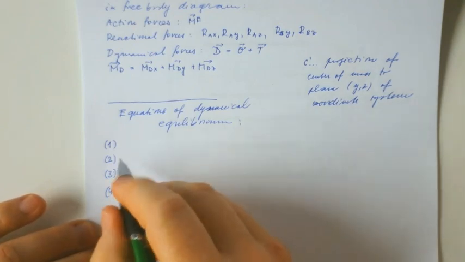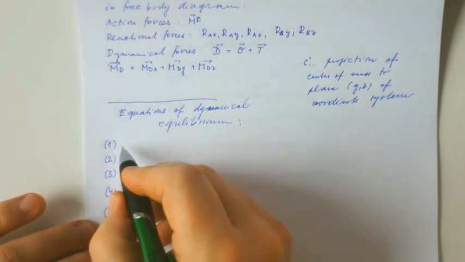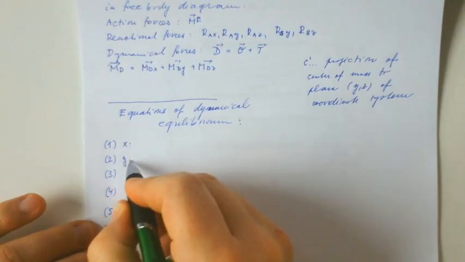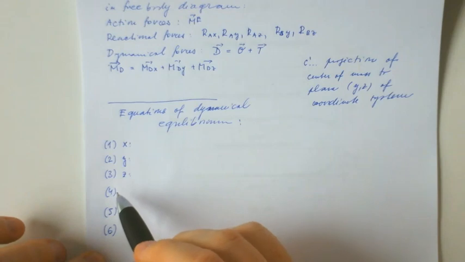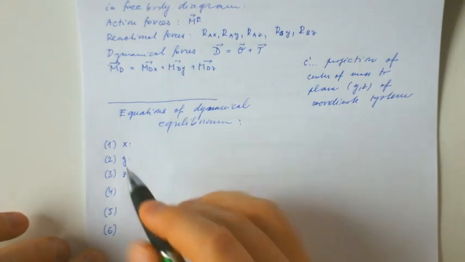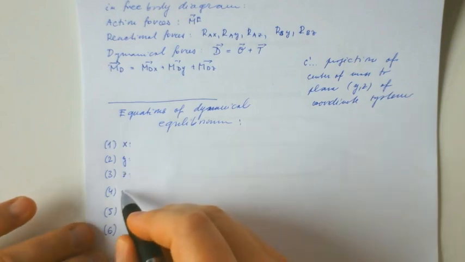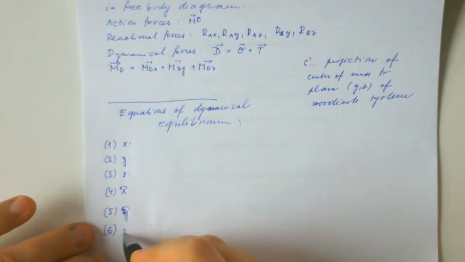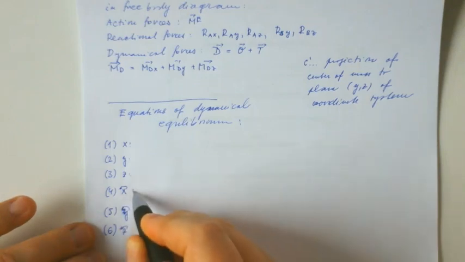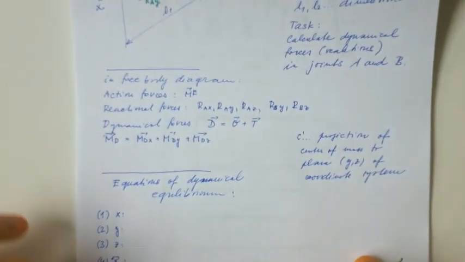The first three equations will be component equations in direction x, y, z. The second three equations will be moment equations, around x, around y, around z. So let's start to make it.